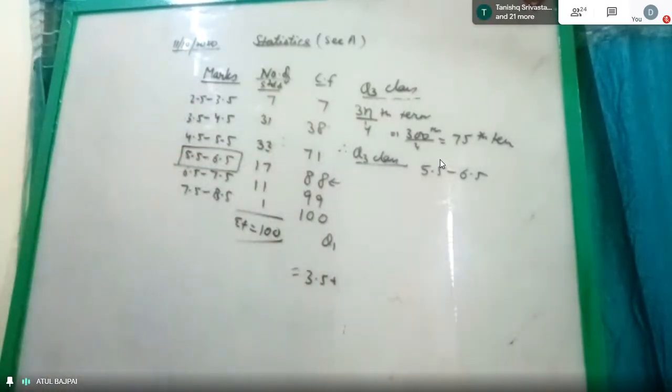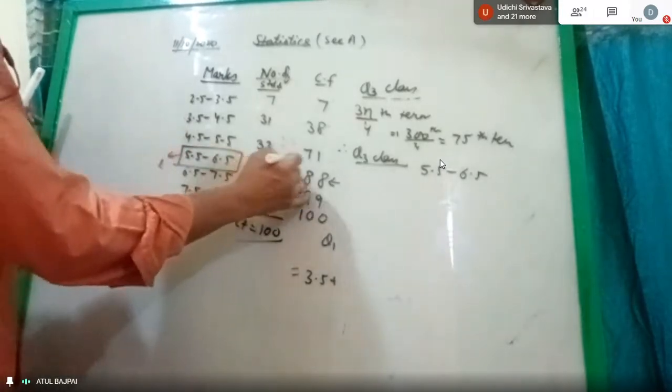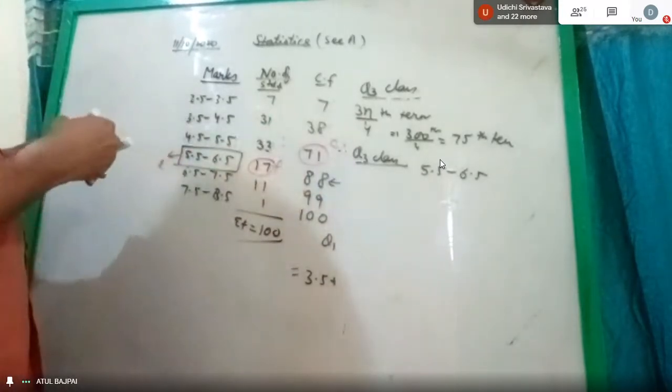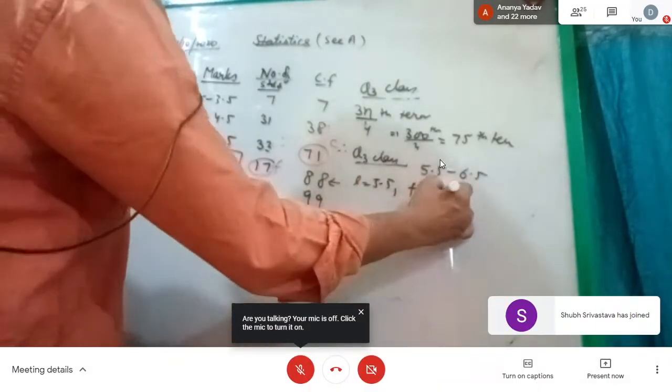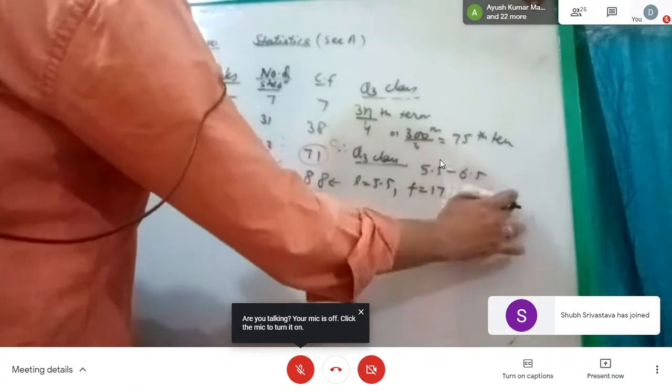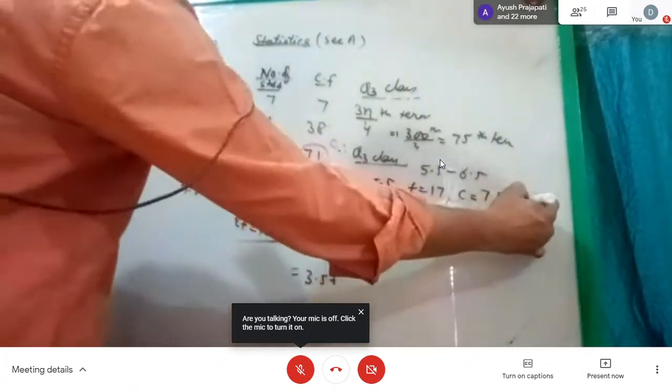So what we have over here: L is this, F is this, C is this. So we get L as 5.5, F as 17, C as 71, and I remains 1. Let us simplify.